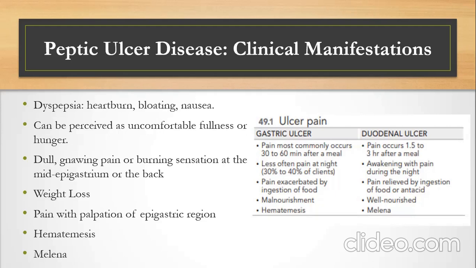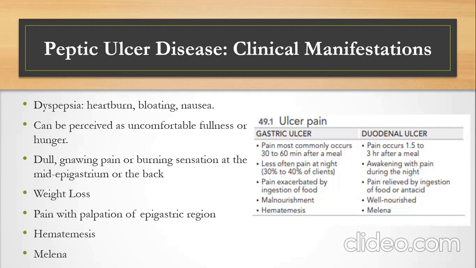Okay? Because the duodenal ulcer is in the small intestine, you're going to have melena or blood in your stool. And we'll talk more about melena next week. And because the gastric ulcer is in your stomach, you're going to have hematemesis. Okay? So become familiar with those differences.